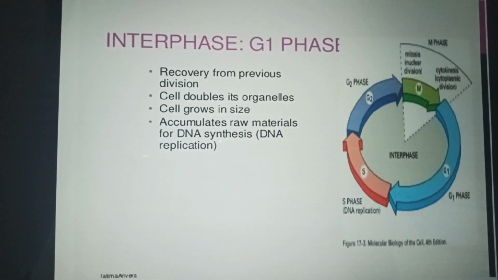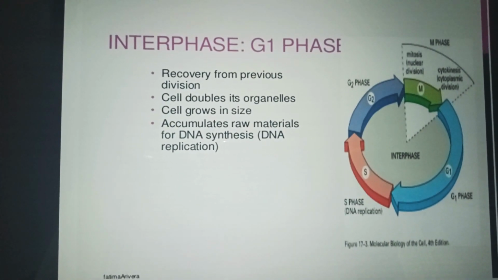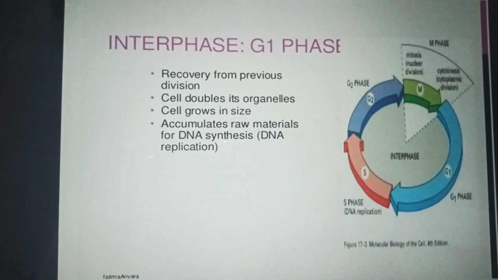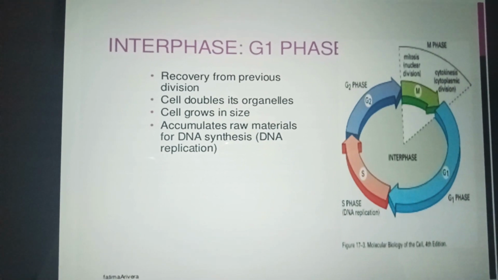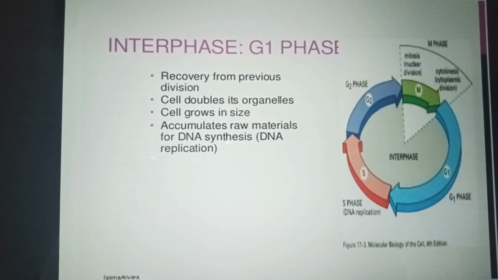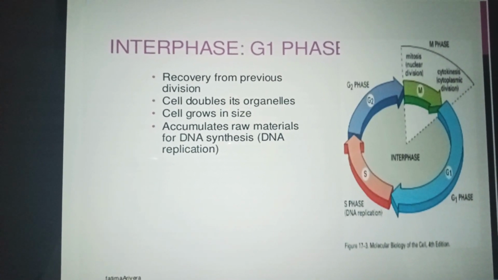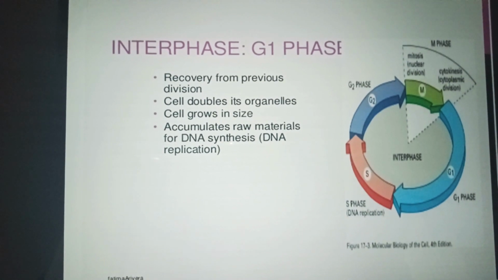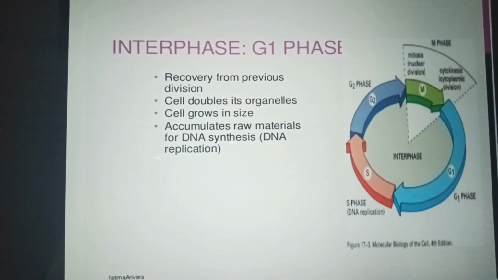Now I will discuss the G1 phase. After its production, a cell starts its cell cycle in G1 phase. During this phase, the cell increases its supply of proteins, increases the number of its organelles such as mitochondria and ribosomes, and grows in size.